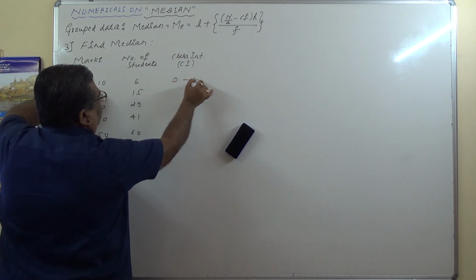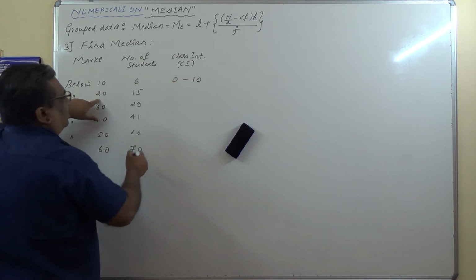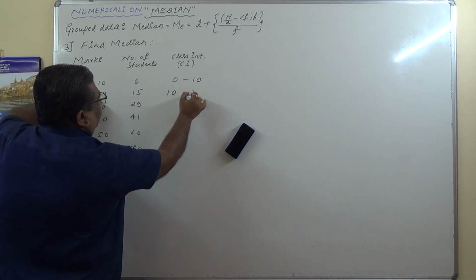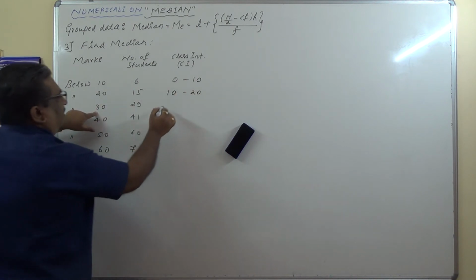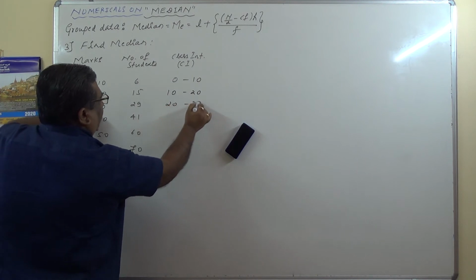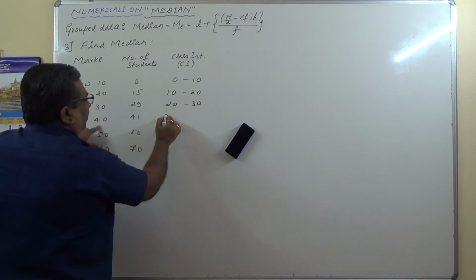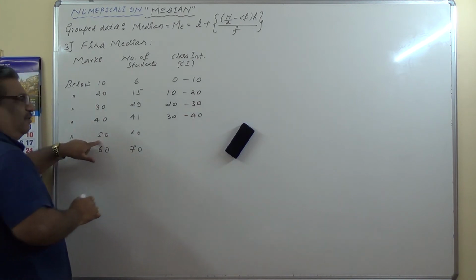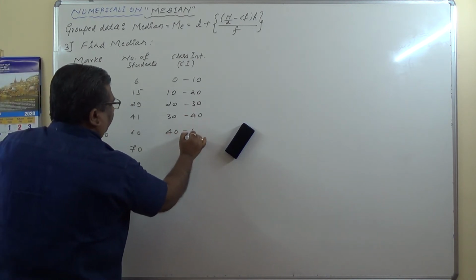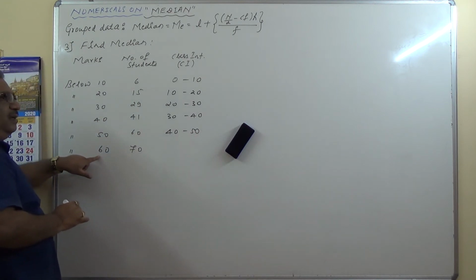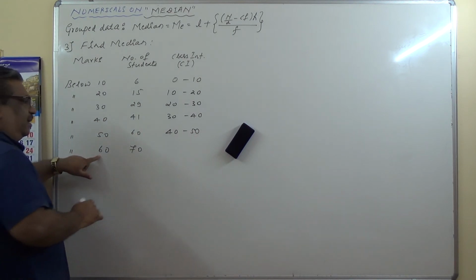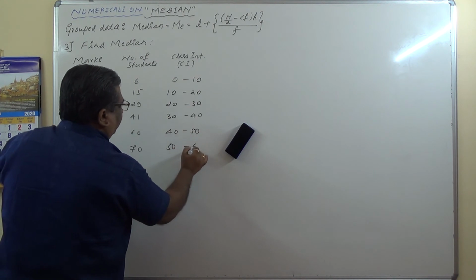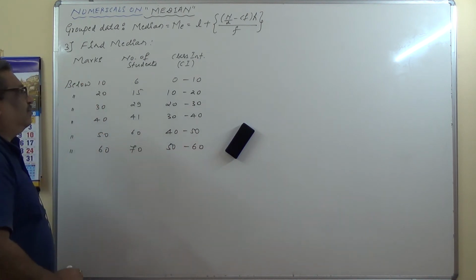So 0 to 10. Here 20 minus 10, 10. 10 to 20. 30 minus 10, 20 to 30. 40 minus 10, 30. 30 to 40. 50 minus 10, 40. So lower limit 40 to 50. 60 minus 10 is 50 is the lower limit. 50 to 60. Good. I got the class interval.